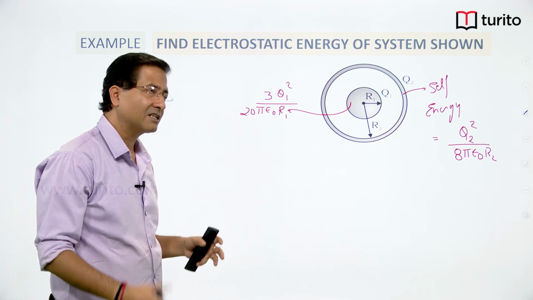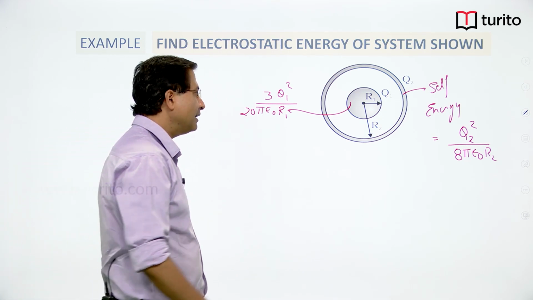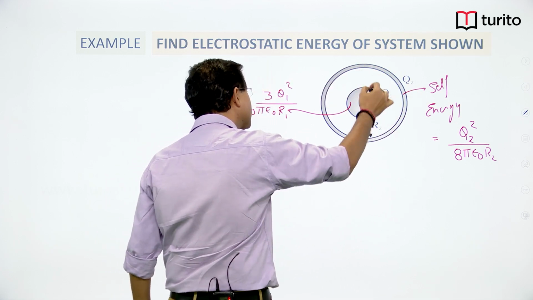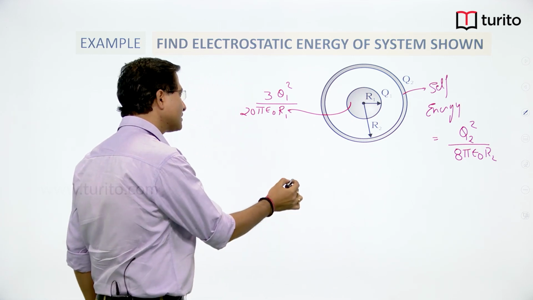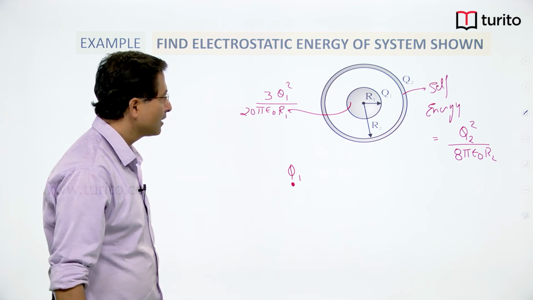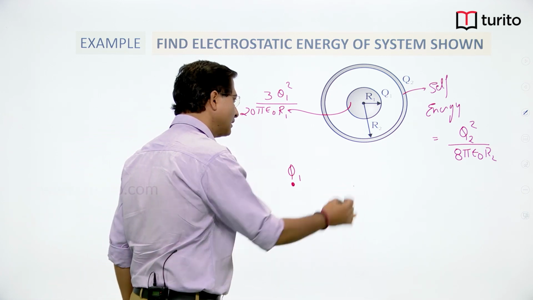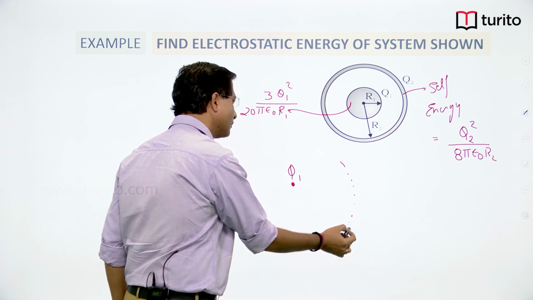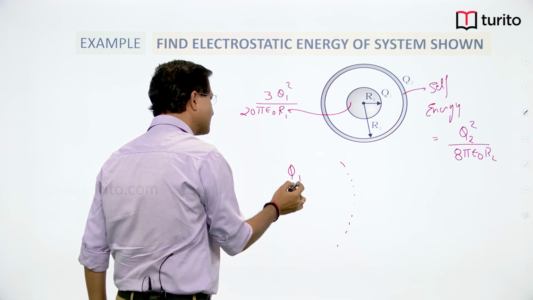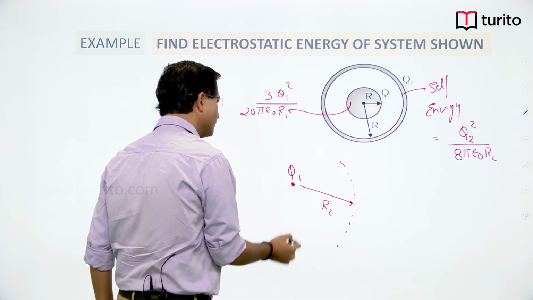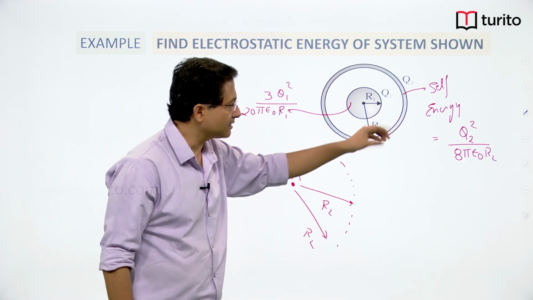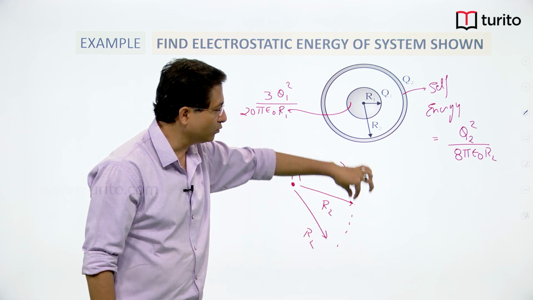So, what is the interaction energy? Every element of this outer one is at the same distance from the center, as you can see. So, this situation is the same as having q1 charge and q2 charge brought from infinity and distributed at distance r2. Every element of this second charge is at distance r2.